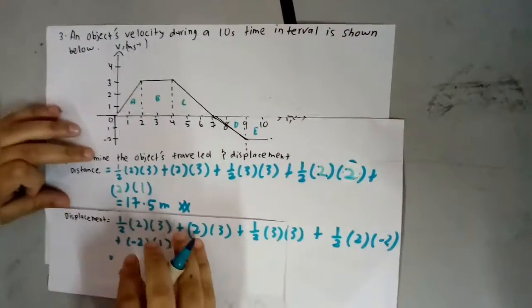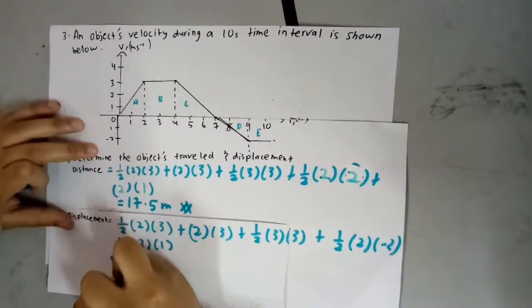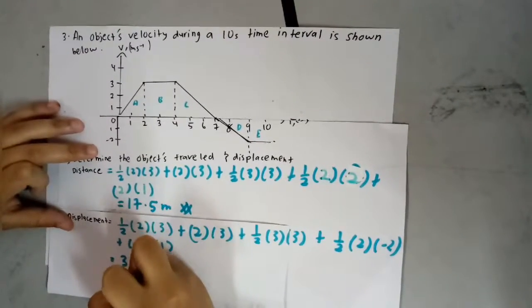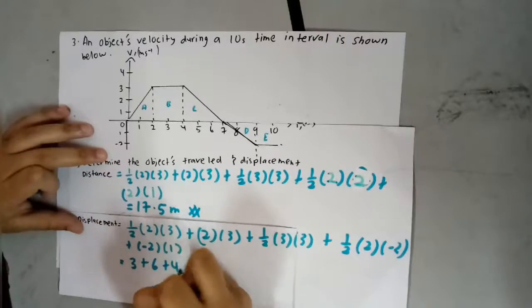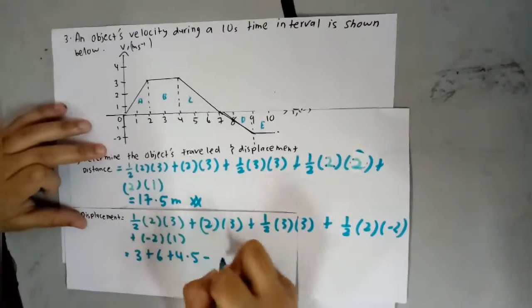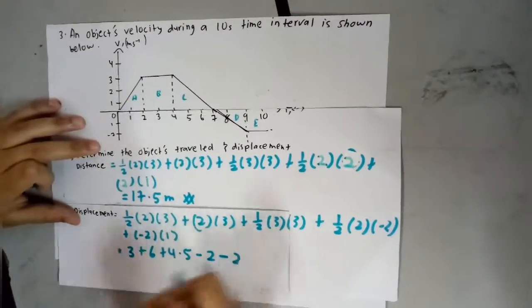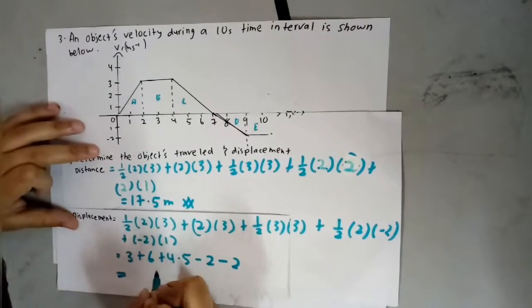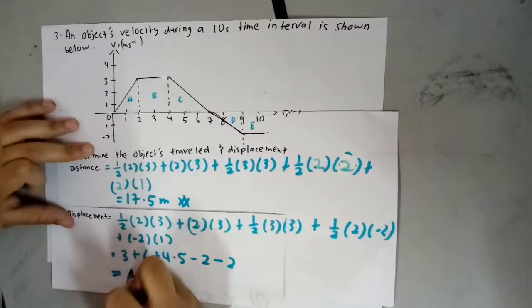Then we will get 3 plus 6 plus 4.5 minus 2 minus 2. And the answer is 9.5 meters.